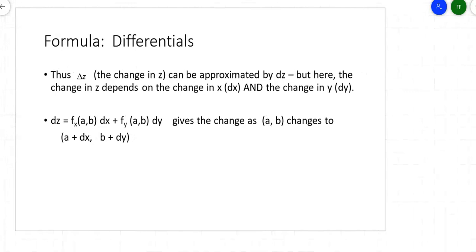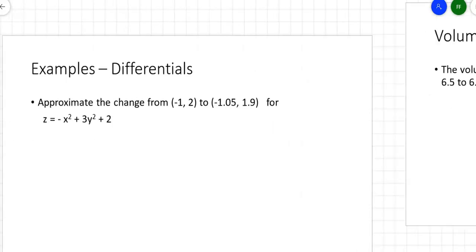The differential of z is, here we go again, partial f derivative with respect to x of a, b, partial y. And then you also notice you've got those dx's and dy's. Those are the differentials in the x direction and the y direction. So moving this much in the x direction and this much in the y direction will change z by how much. So it's the same concept from Calc 1, except now with an extra dimension.